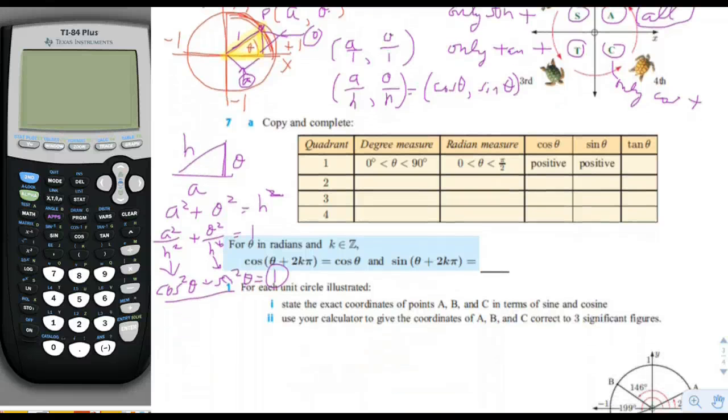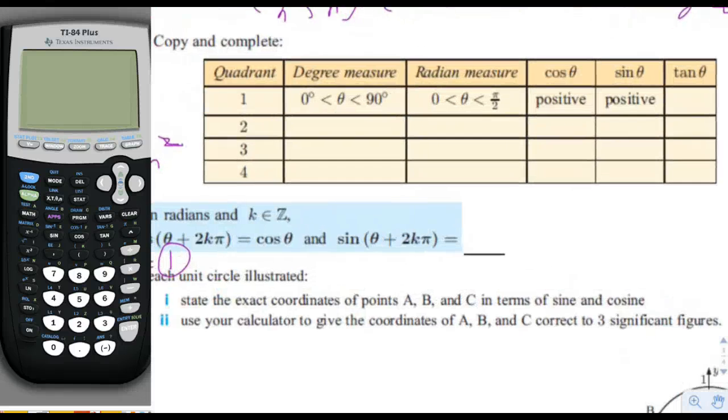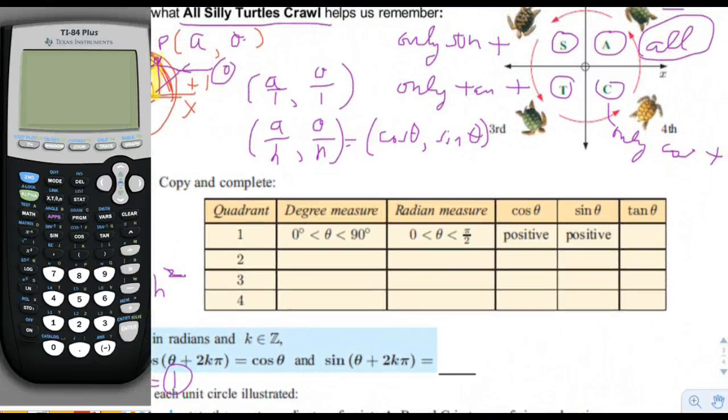Okay? Now let's fill out this table here using this mnemonic. Okay, so in quadrant 1, cosine is positive, sine is positive, and tangent is positive because all trig functions are positive. Second quadrant, we're talking about the degree measure of 90 degrees to 180 degrees. The radian measure is pi over 2 to pi. And only sine is positive, so we'll have negative, positive, negative. Okay.